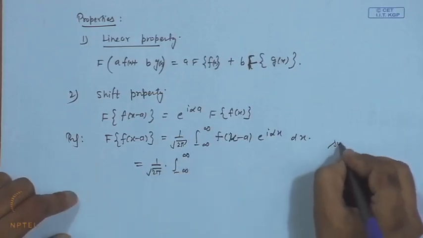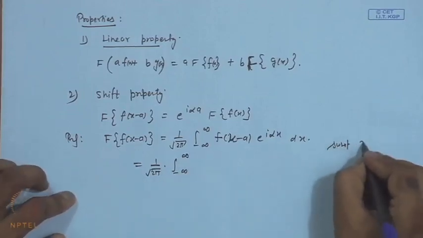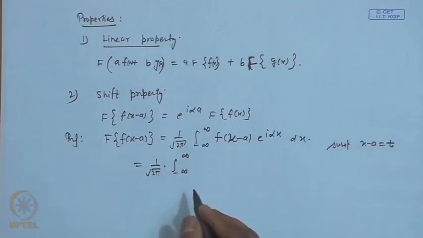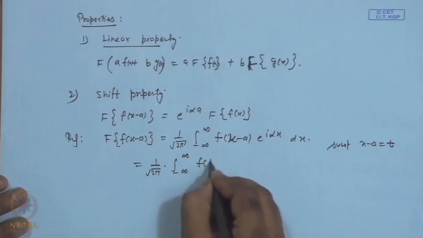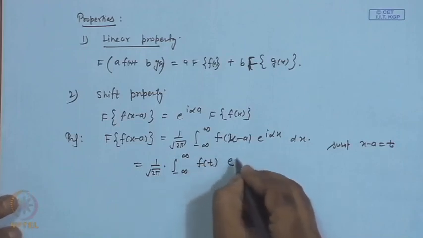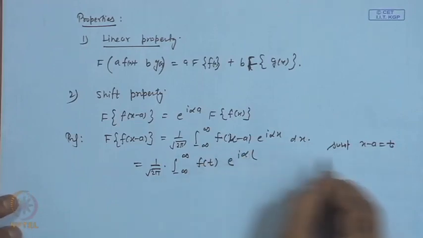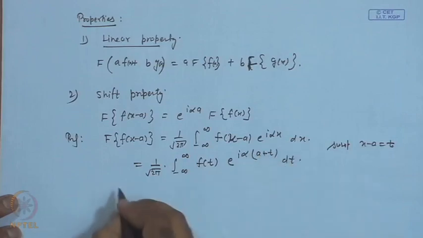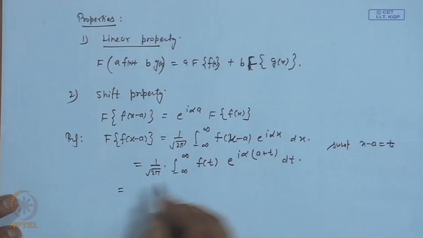If we substitute x minus a as a new variable t, the limits will remain minus infinity to plus infinity, but here we will have f(t) now, and e^(i alpha (a plus t)) dt, and this e^(i alpha a) we can take out of the integral, as it is a constant with respect to t.